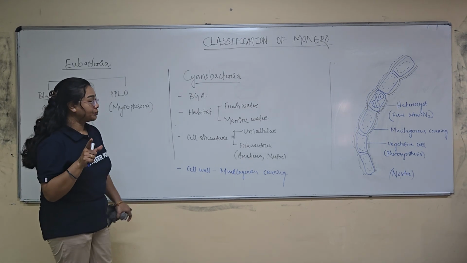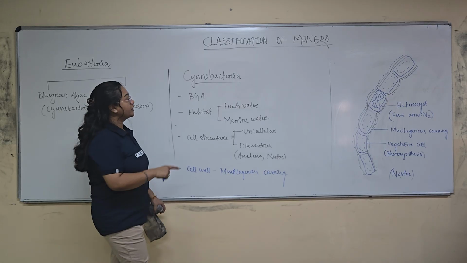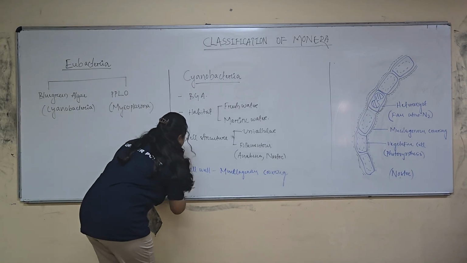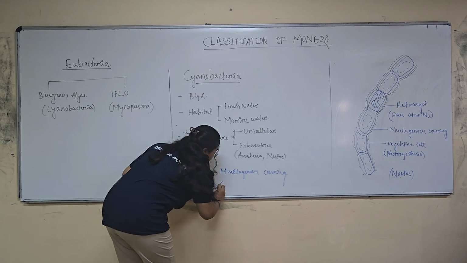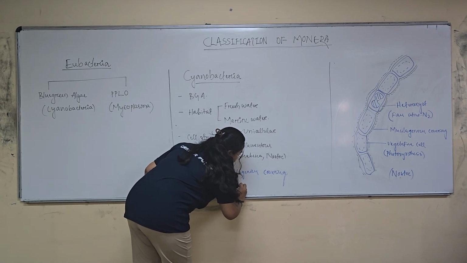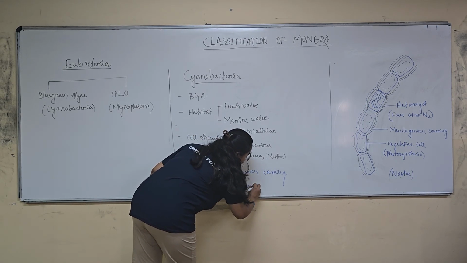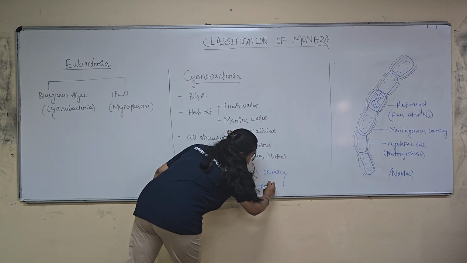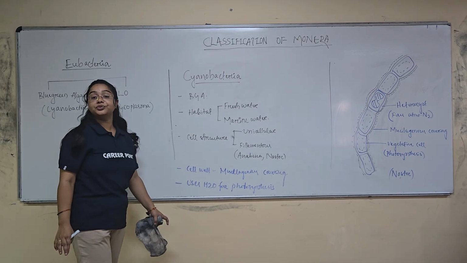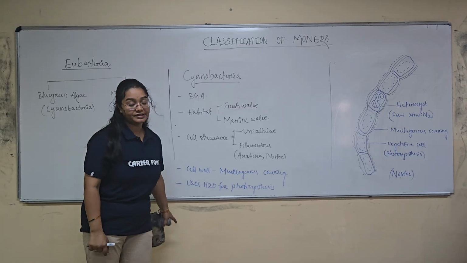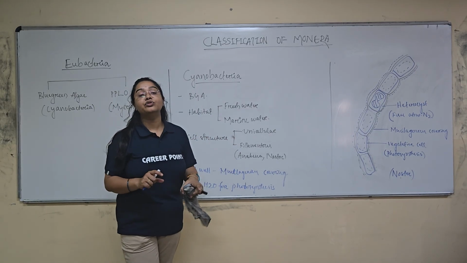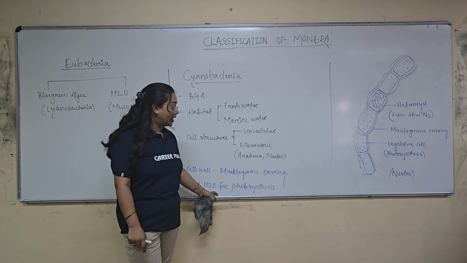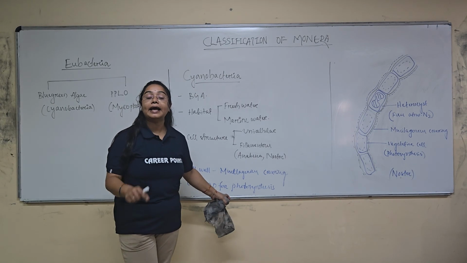One very important thing I will tell you about the cyanobacteria is it uses water for photosynthesis. Of the rest of the bacteria we studied in the class Monera, none were using water, and they are all anaerobic.